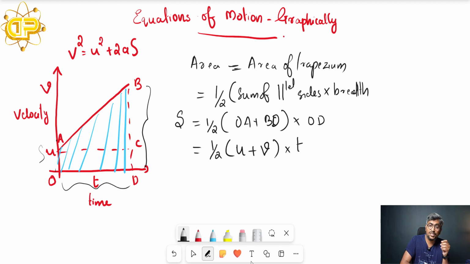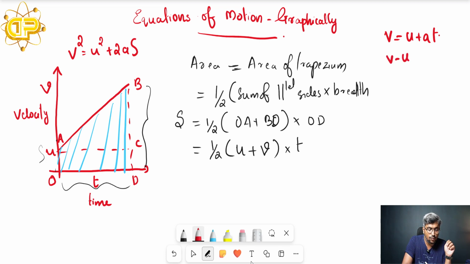So now we are going to substitute some values and get into this particular form. Now you know that the first equation is V is equal to U plus AT. From there T is what?